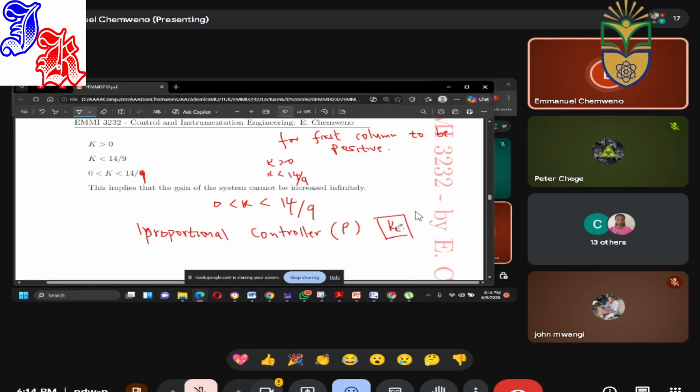The error times k has a maximum given by this.